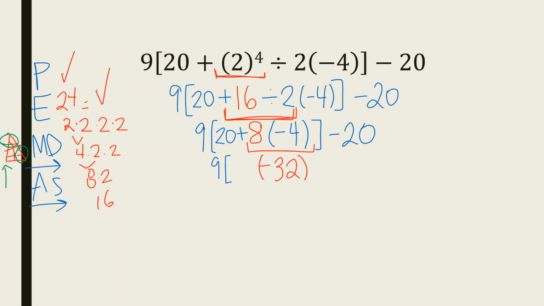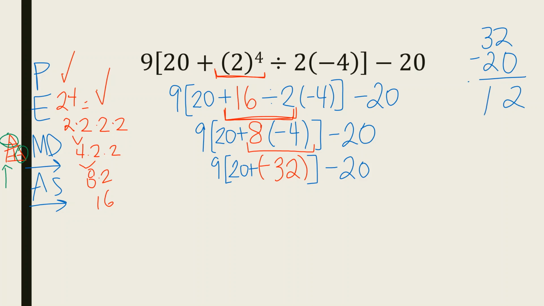9 groups of 20 plus negative 32, all subtracted by 20. Now we're adding integers, so that means we need to subtract since they are two different signs, one positive, one negative. So let's do 32 minus 20, which will be 12.